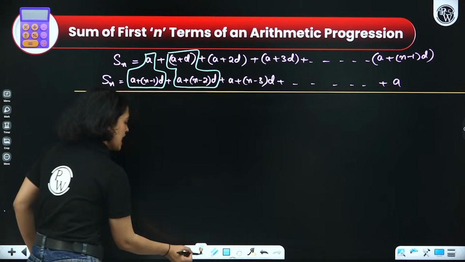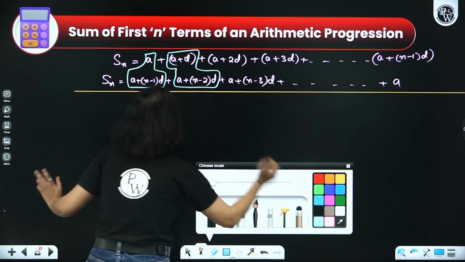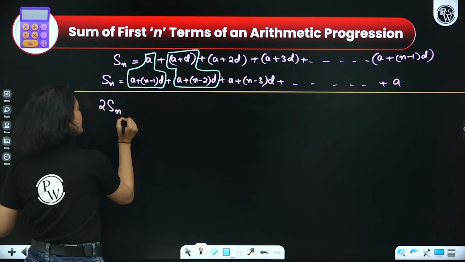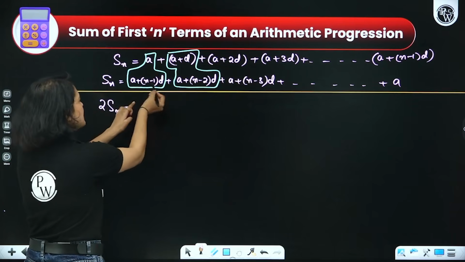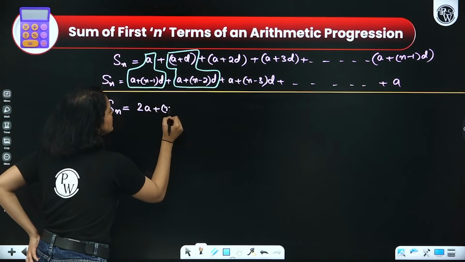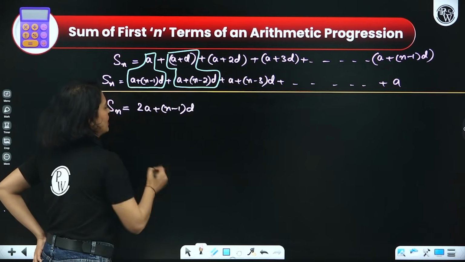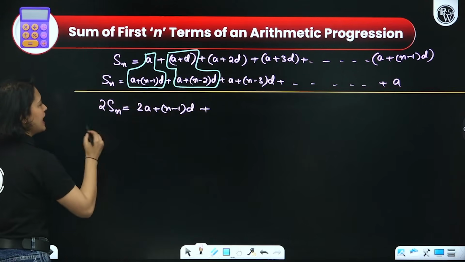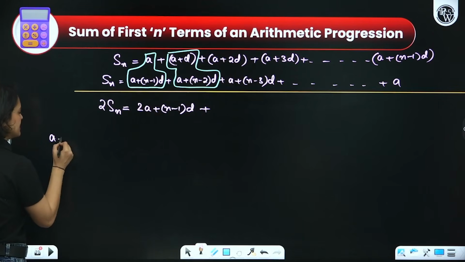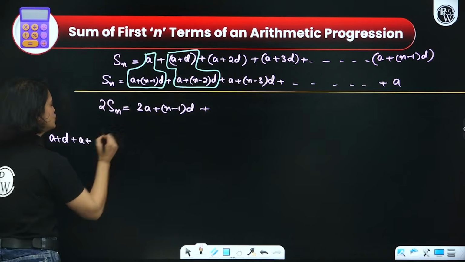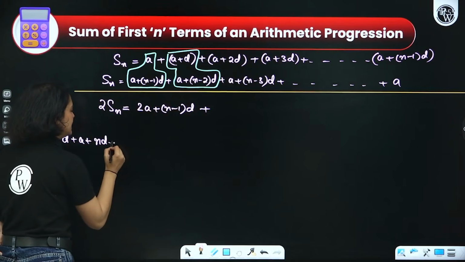Chalo. So, first of all, if I add Sn here 2 times, I'll get twice of Sn. This is equal to, now A plus A plus (n minus 1)D. This is very simple, guys. You will get 2A plus (n minus 1)D. Now, let's move on. Here, I'll do A plus D plus A plus (n minus 2)D. I'll break the bracket open: D minus 2D.